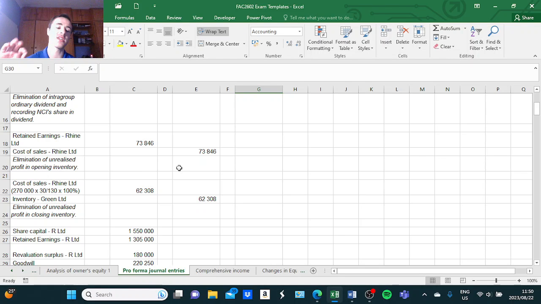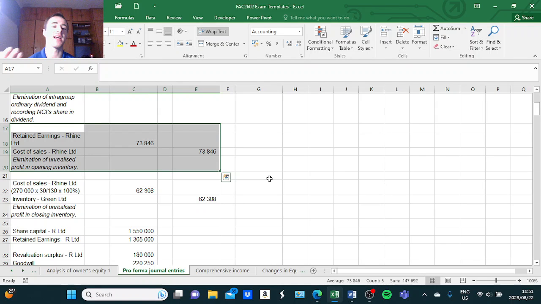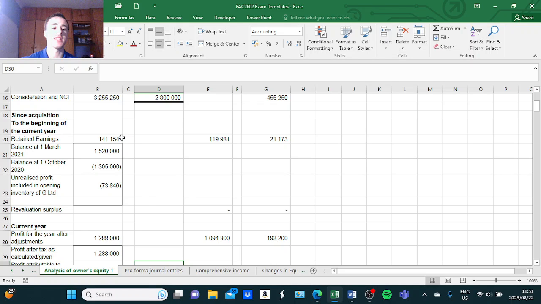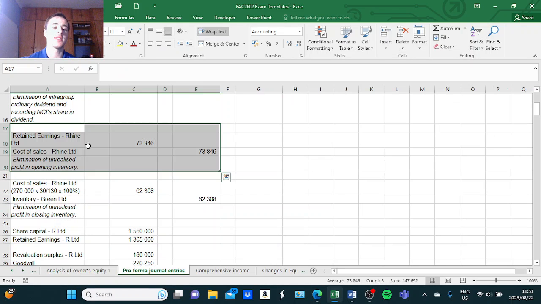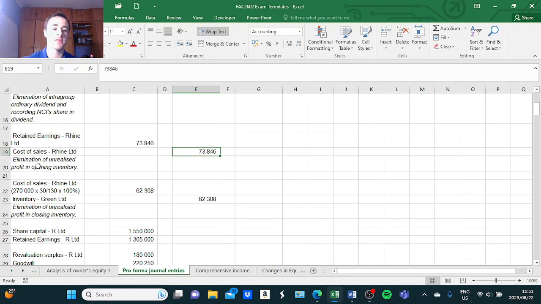For example, for the first journal entry where we eliminate the unrealized profit in opening inventory, okay, we have determined that we will debit retained earnings for Rhine Limited, and we have shown that in the since acquisition to the beginning of the current year section as a negative adjustment because retained earnings was debited. And the second component of this journal entry requires us to credit cost of sales also for the subsidiary.